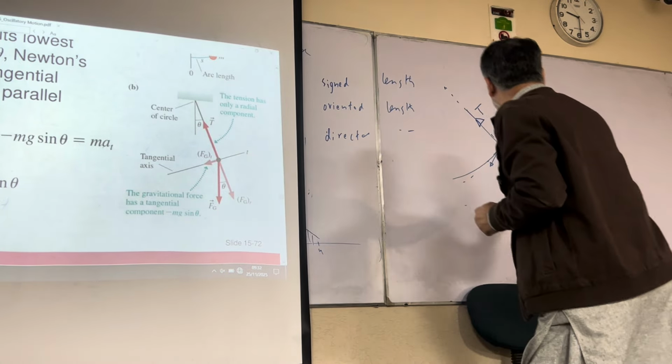So the angle will still be the same. So actually this angle will be theta. And you can actually use some of your knowledge from trigonometry. It will actually turn out that this angle is also theta and this angle is theta.